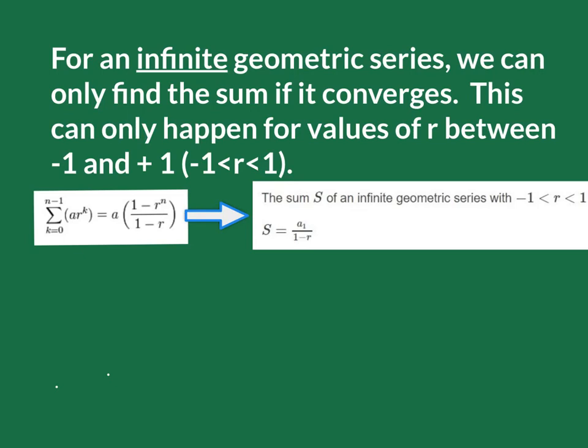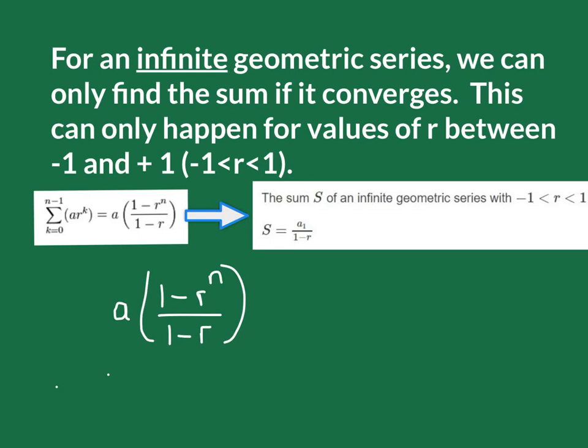The formula is going to change a little bit from what we were using before, because if we're going to put a fraction between 0 and 1 in for a value of r, which has an exponent on it, then if you think about a fraction such as 1/2, we're going to multiply that 1/2 times 1/2 times 1/2, n times.